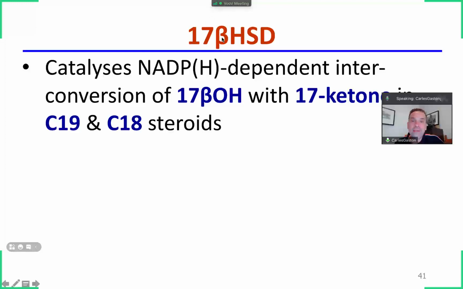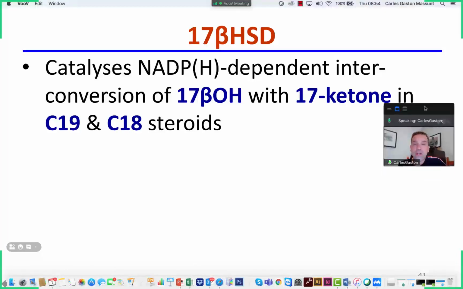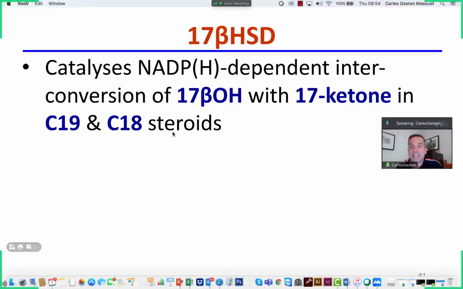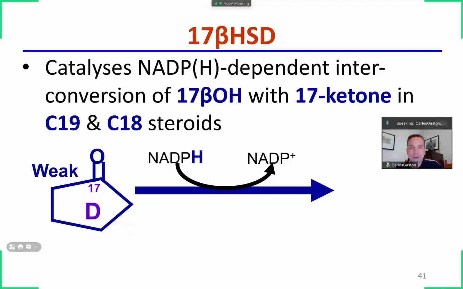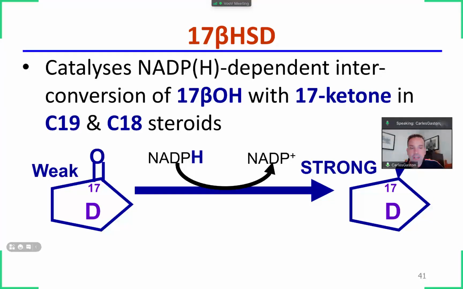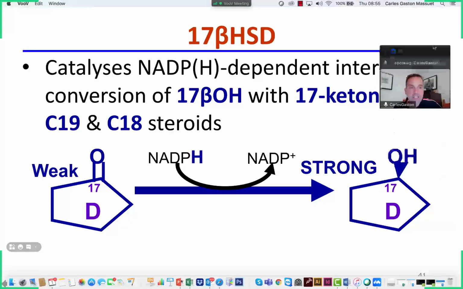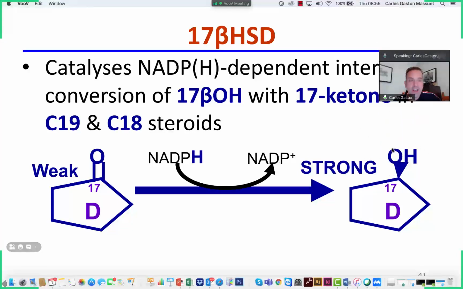The 17-beta HSD catalyzes NADPH-dependent interconversion of 17-beta OH with 17 ketone in C19 and C18 steroids. So again, this requires the exchange, and basically it produces this second molecule with an H group added.